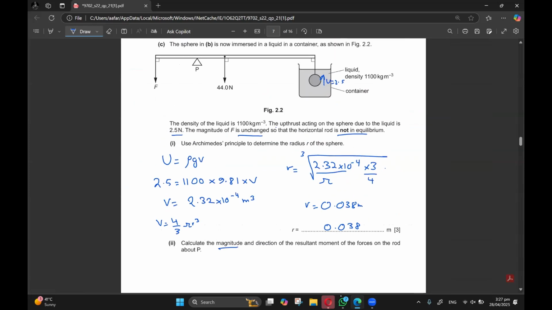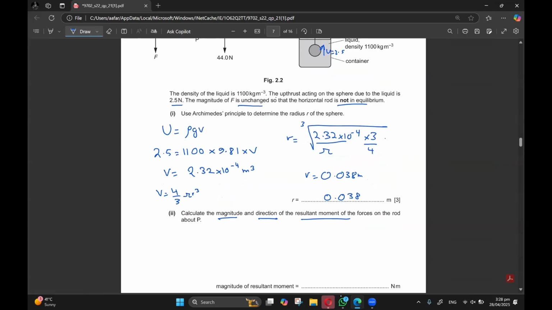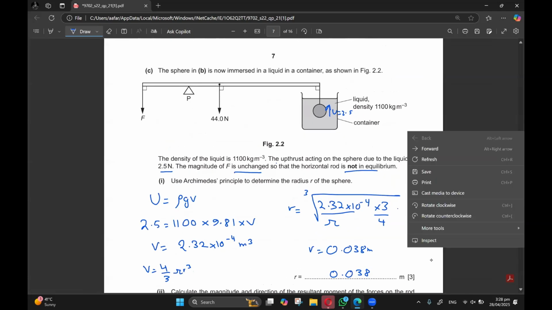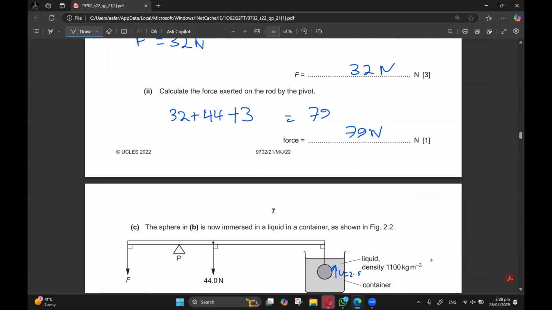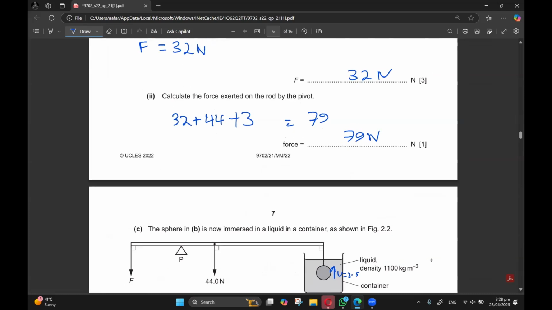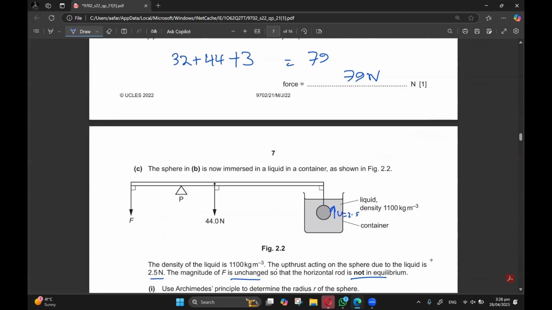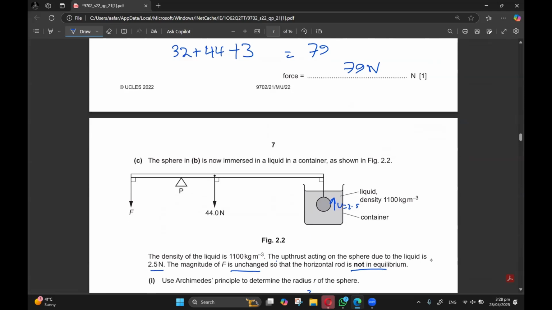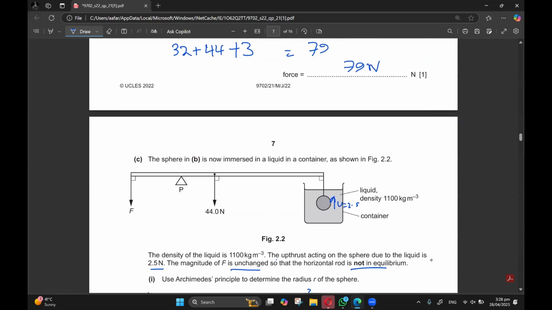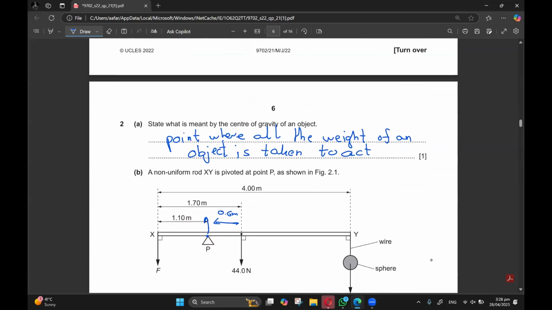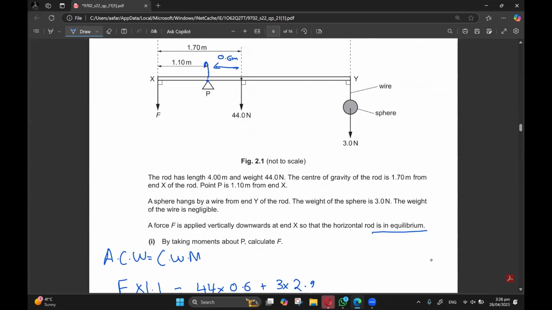Calculate the magnitude and direction of the resultant moment of the forces on the rod about B. So the distances are the same, right?